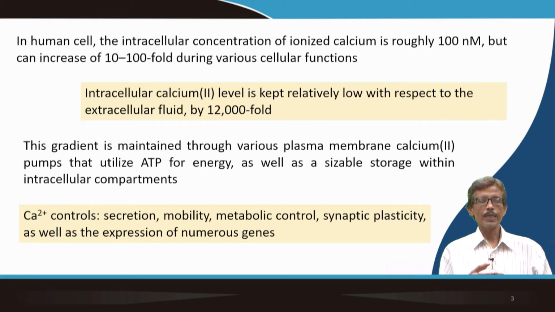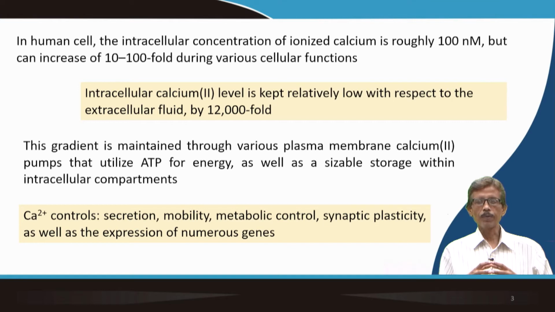So, basically that particular amount of calcium which is available within the cell is responsible for the secretion of different fluids, different solutions, the mobility of our nerves and mobility of our different muscles and tissues also. Then metabolic control, the corresponding metabolism in our whole body.